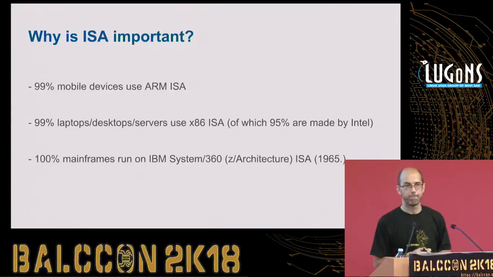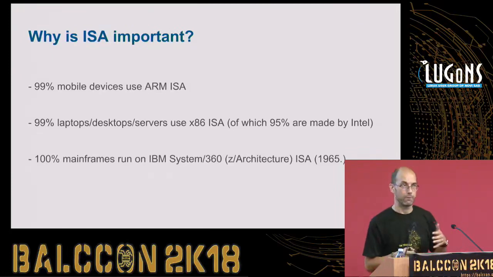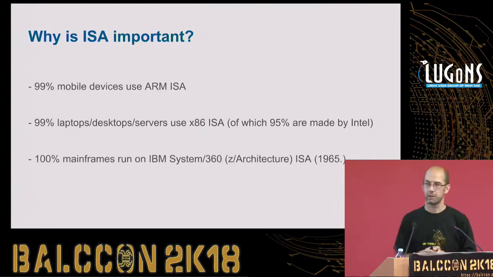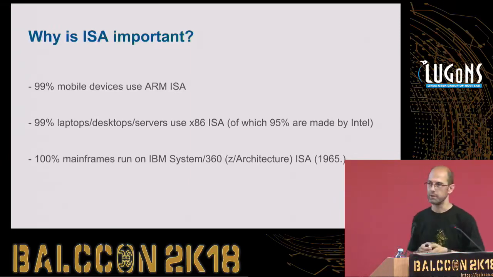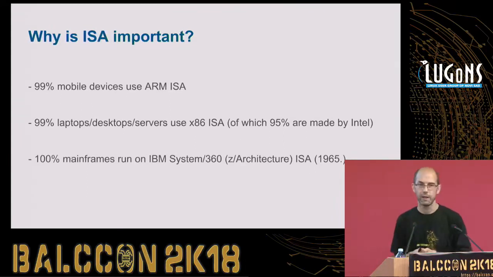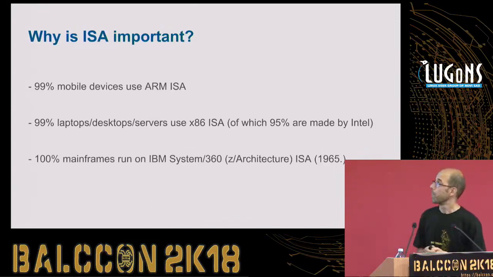Well, if you notice that 99% of desktops and servers and laptops are based on Intel x86 ISA. Mobile devices are based on ARM ISA, 99%, and 100% of mainframes are based on the IBM System 360 ISA.